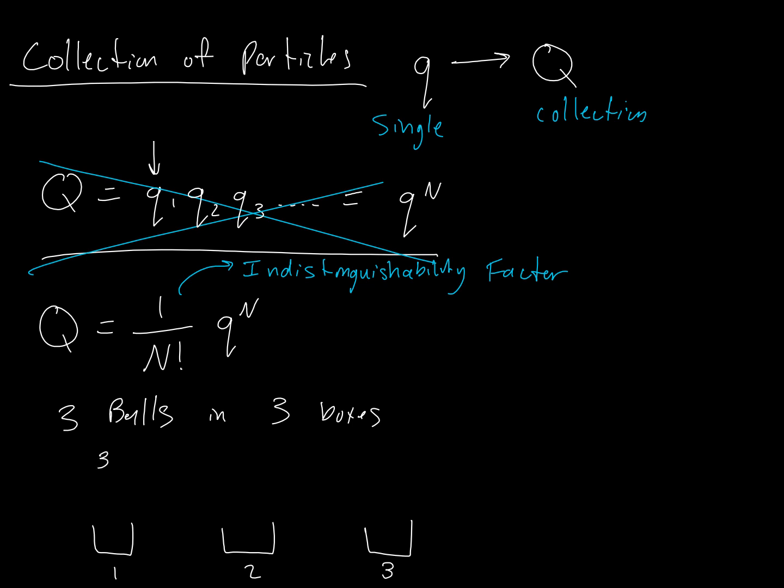In this particular one, I could put either 3, 2, or 1 into that bin, and I can put 2 or 1 into that bin, and 1 into this bin. We can see that we have 3 times 2 times 1, which is equal to 3 factorial. Generalizing it, that is N factorial. That is our indistinguishability factor. I can't tell my molecules apart, but I can categorize them into energy levels or energy states.